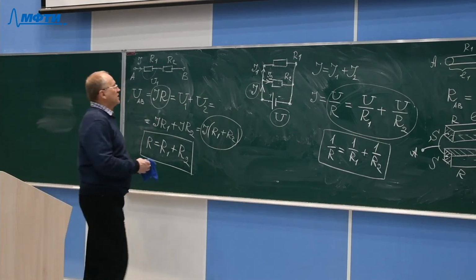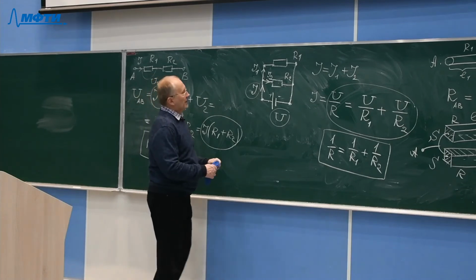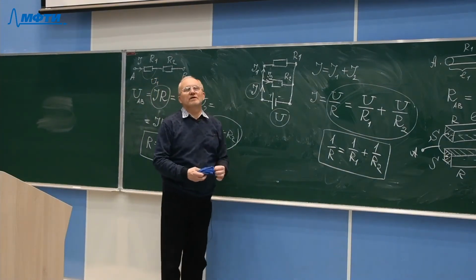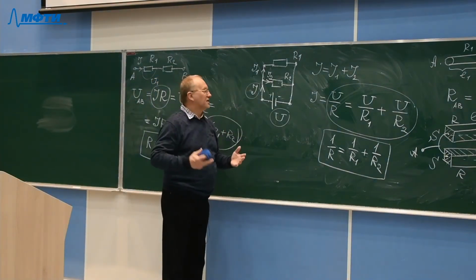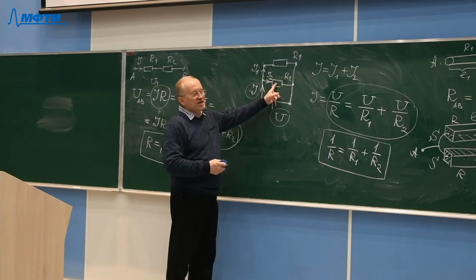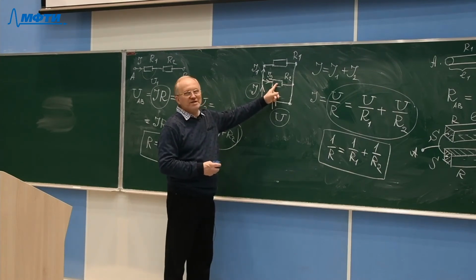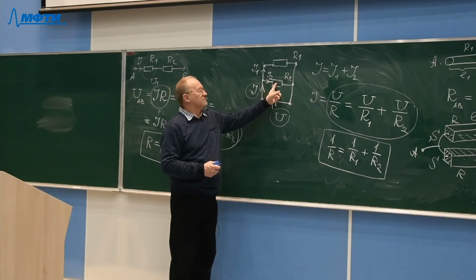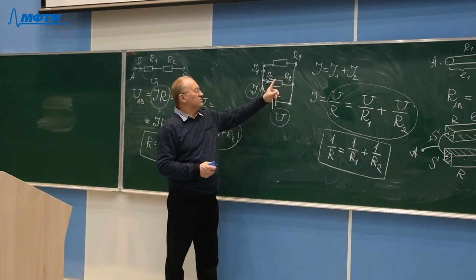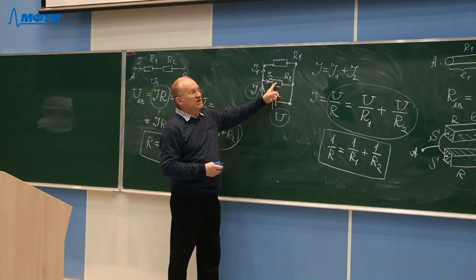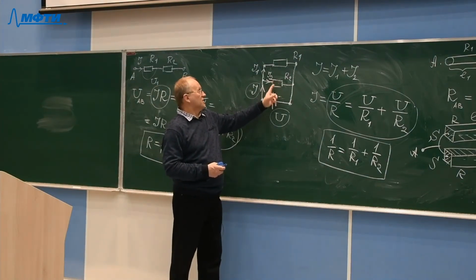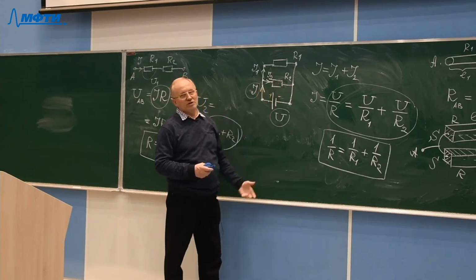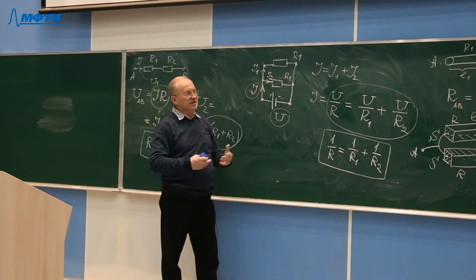Another manifestation of current may be glowing and emitting light. If the temperature of the resistor increases too much, up to 1000 degrees or 2000 degrees Kelvin, then it will be heated to such a degree that it will glow, it will emit light as any heated body.